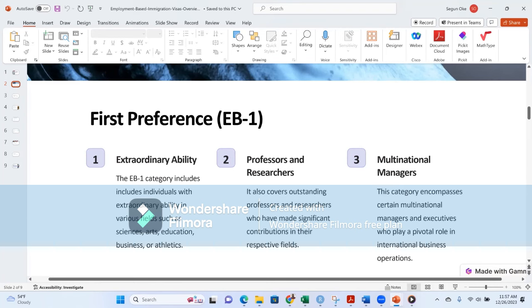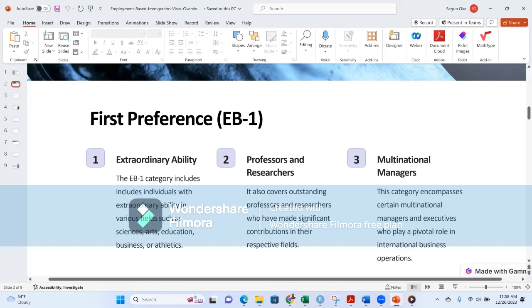It also covers outstanding professors. Probably you had a patent, you published, you've done great research that is also of benefit to the United States. You are allowed to be in these categories if you have made a significant contribution in your respective field. You publish books, because this particular visa is an evidence-based visa.